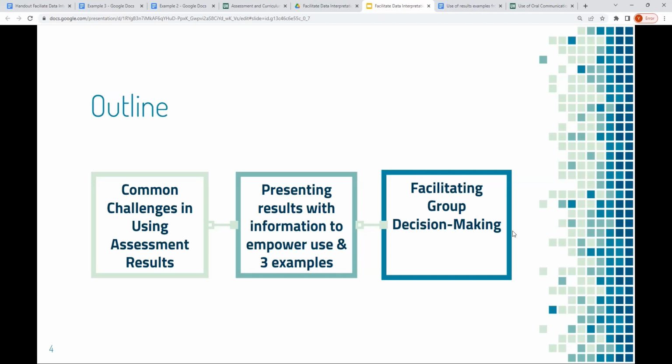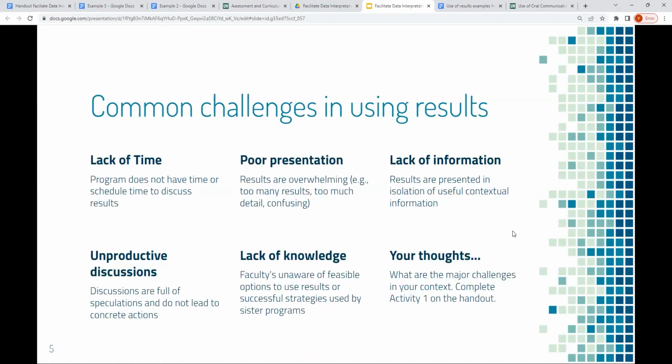One side is presenting results with information to empower use. I'm going to talk about 3 examples in detail, and you will be pretending to be the faculty members and go through one example through that immersive experience. The second solution I'm going to talk about is facilitating group decision-making through structured group facilitation strategies. So let's go in with challenges.